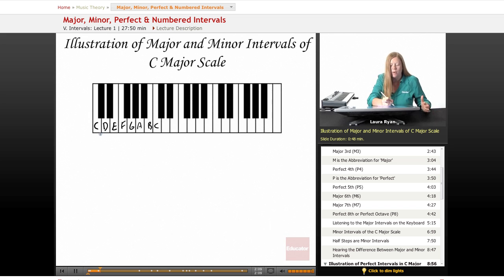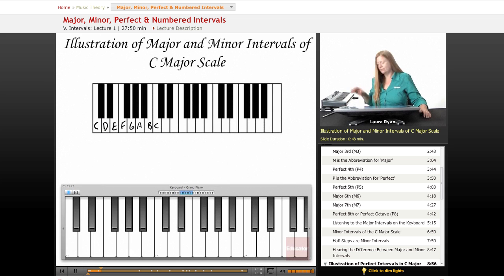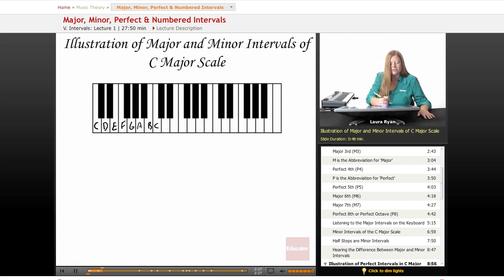It's a whole step, but we also call it a second because when you play from C to D, it's a whole step, but it's also 1, 2. It's just called an interval of a second. So we are going to go back and write from C to D is a major second. And this is how we'll write it, major second.